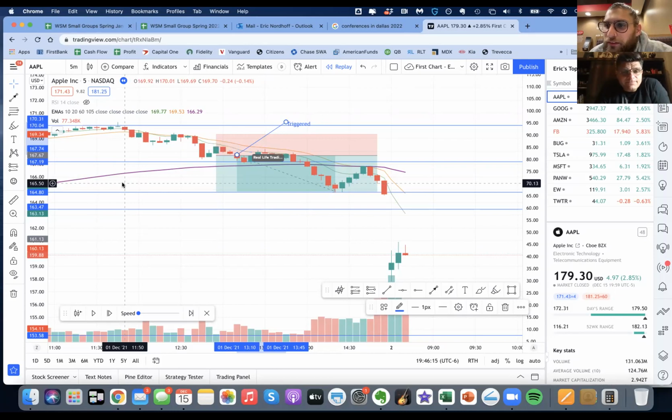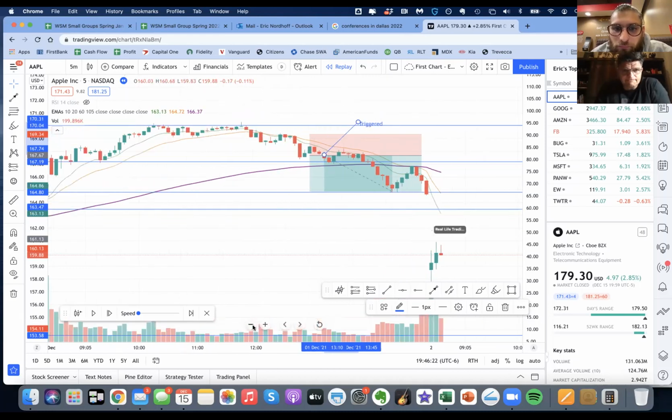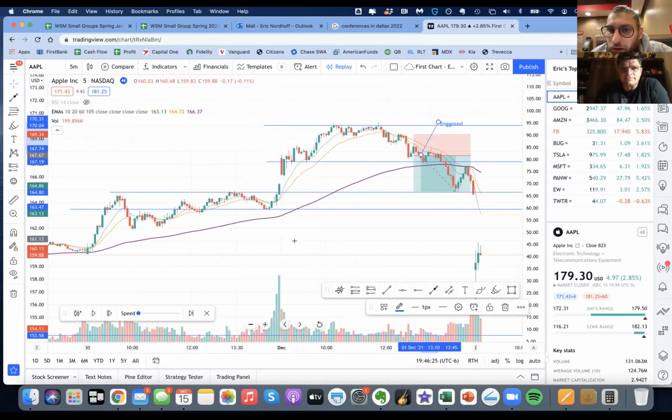So do you know what trailing a stop is? No. Okay. So zoom out a little bit, give us a little bit more room to look. Perfect. Say you get your move down, you're triggered in, and now it comes up here and retests, but it doesn't break above this level, and then it starts to go lower.